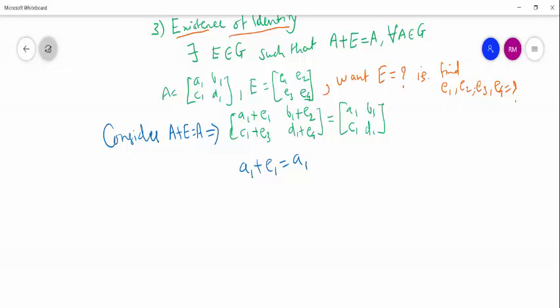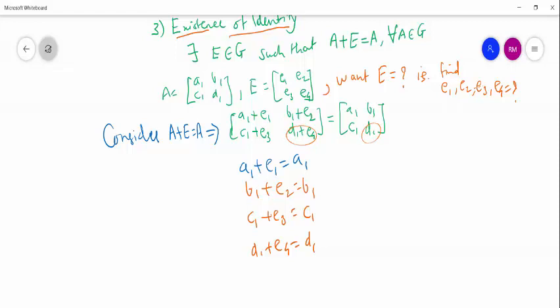From the second, this entry and this entry are the same, meaning B1 plus E2 equal to B1, and C1 plus E3 equal to C1, D1 plus E4 equal to D1. See here, this entry is equal to D1.